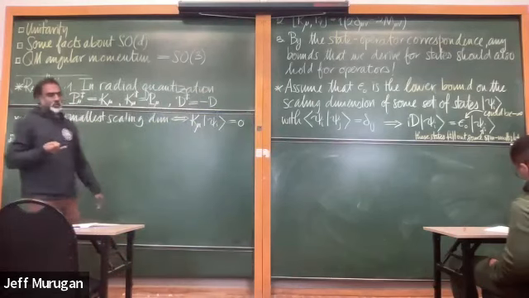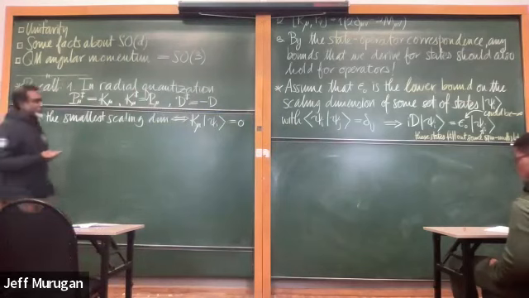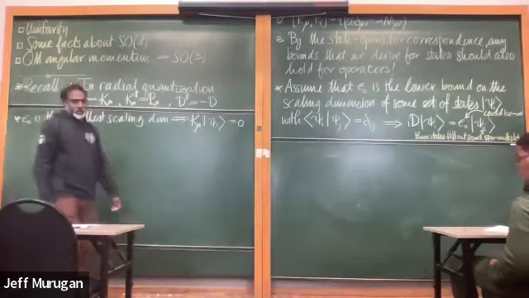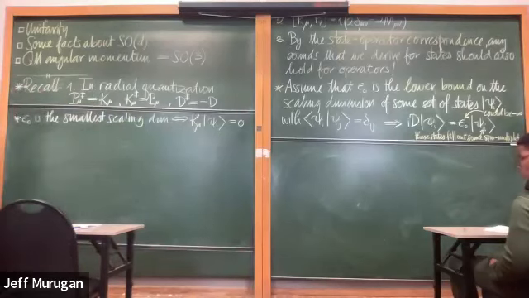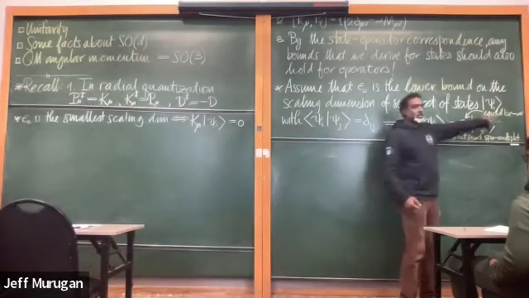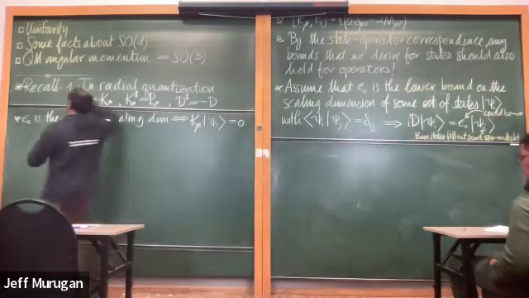So now we know what it means to say that epsilon is a scaling dimension, and we also know what it means to say that epsilon is the lowest scaling dimension. Right. So now what we want to do is ask if this really is minus infinity, or is there some smallest value that's not minus infinity.